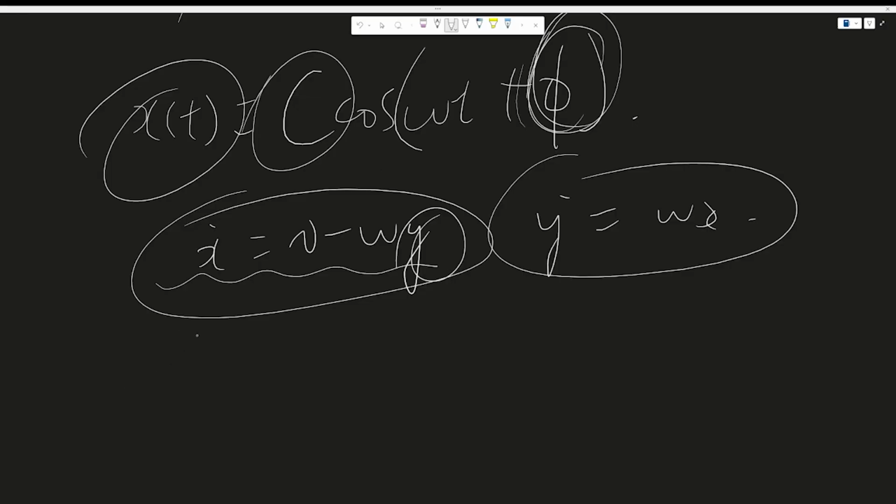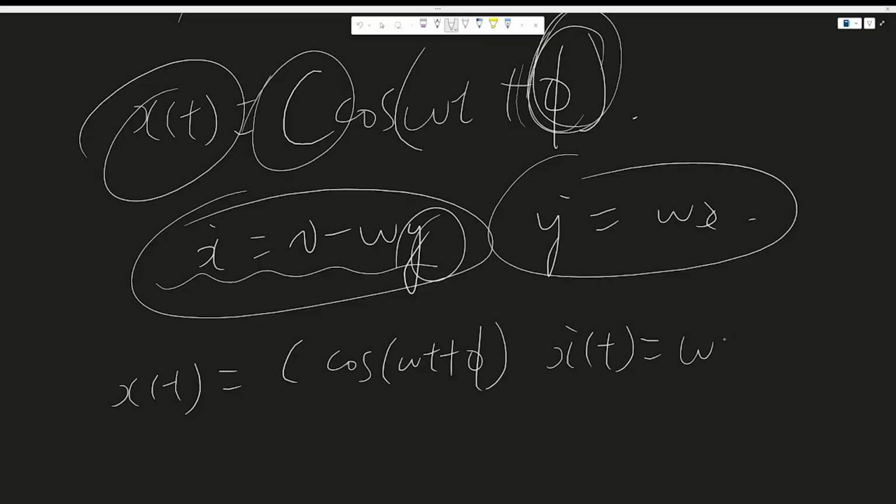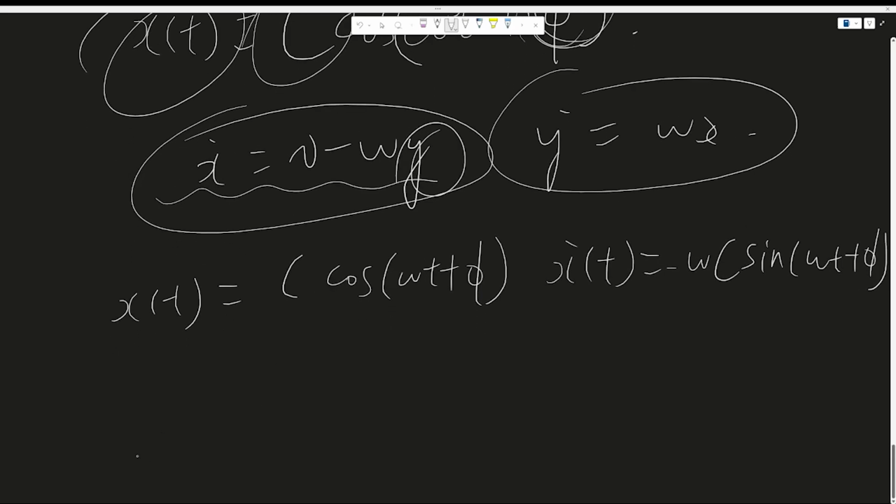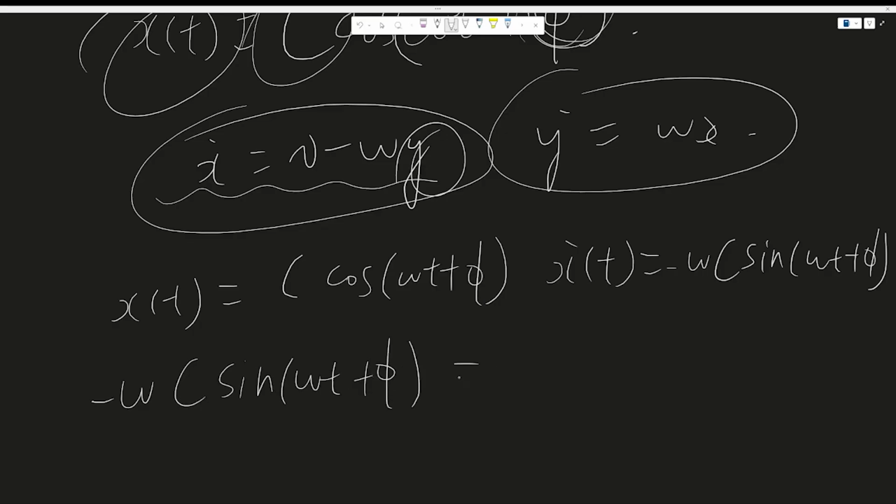So we know x of t is c cosine omega t plus phi, so x dot of t must be negative omega c sine omega t plus phi. And so negative omega c sine omega t plus phi must equal v minus omega y.